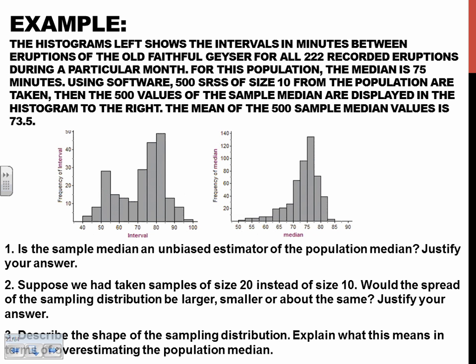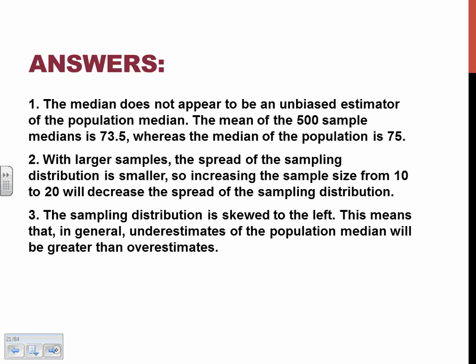So this means that, in general, underestimates of the population median will be greater than the overestimates. So if I'm skewed left, that median gets pulled, so I'm probably going to underestimate more than the overestimates.